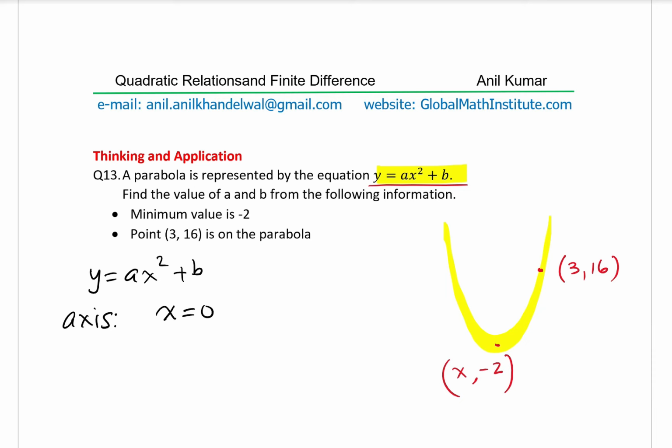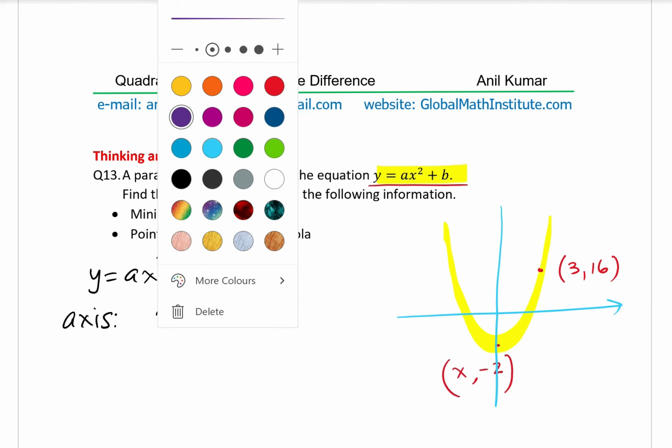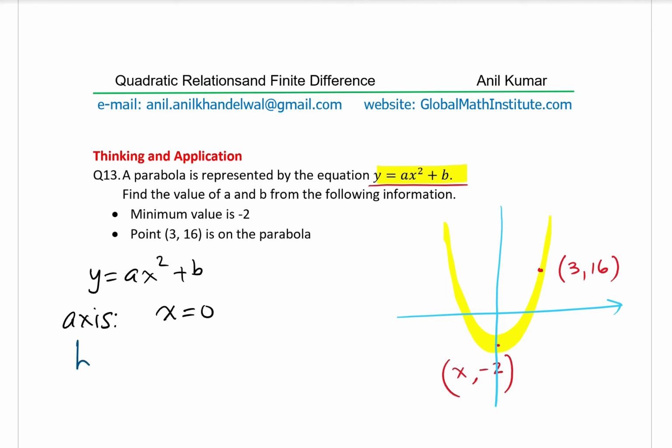So basically, this parabola is going through the y-axis, the vertex is on the y-axis, and that is how it should have been. Do you get the idea? So minus 2 is the value of b, and so from here we can say that b equals minus 2. It is the y-intercept.